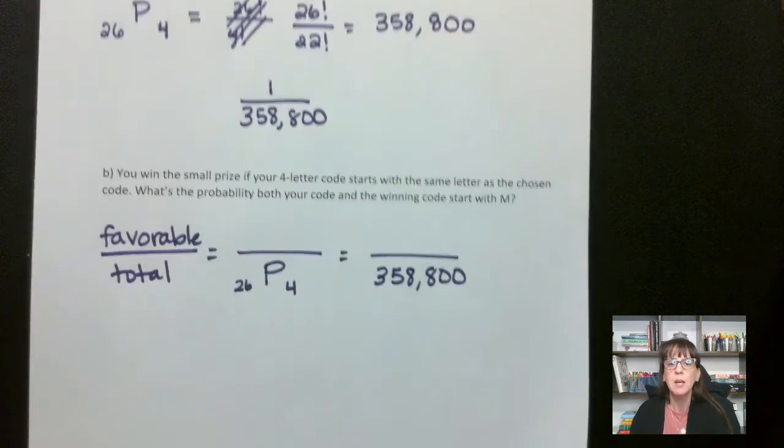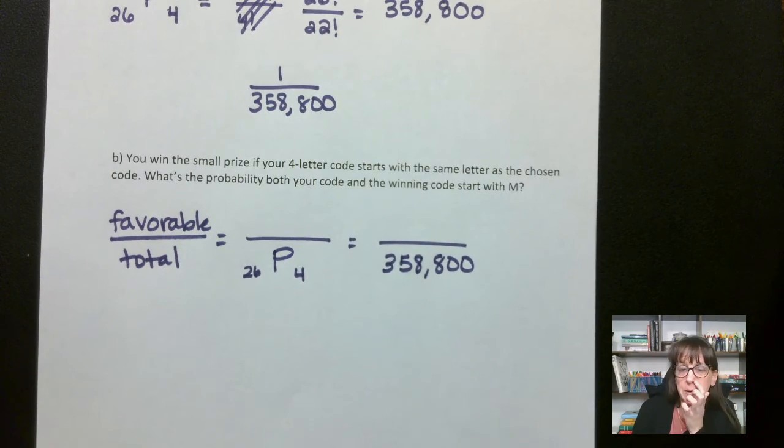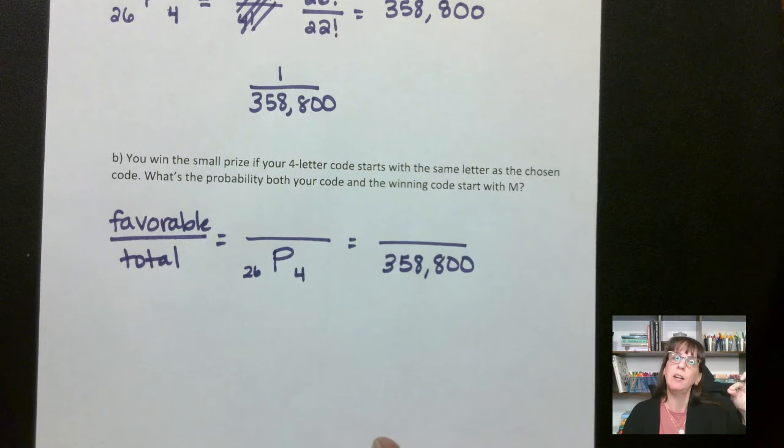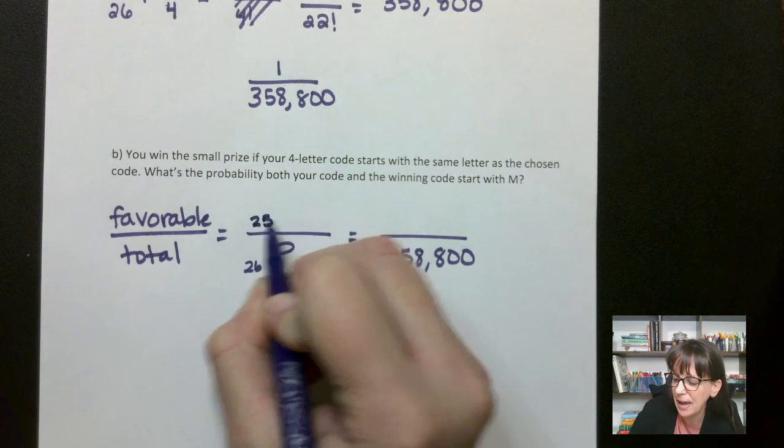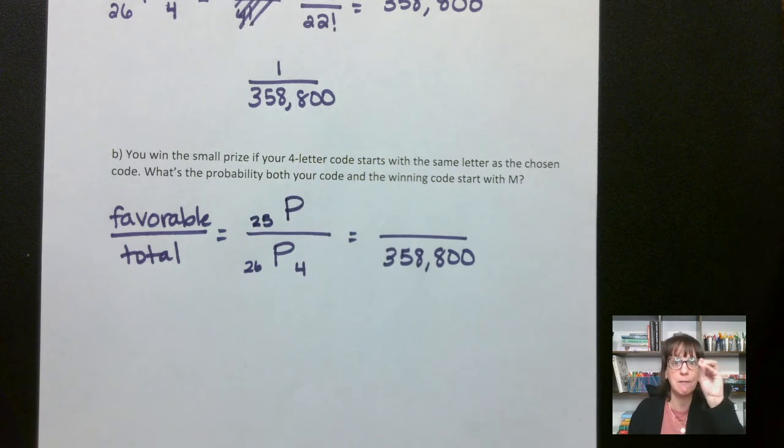26, 4. Now, this one's a little bit different. We want to know, of those 358,800, how many of those start with the letter M? Well, the way that we are going to do this is we're going to take M out of our alphabet. So we are now down to 25. And then because M is in that first position, I don't care about 4.